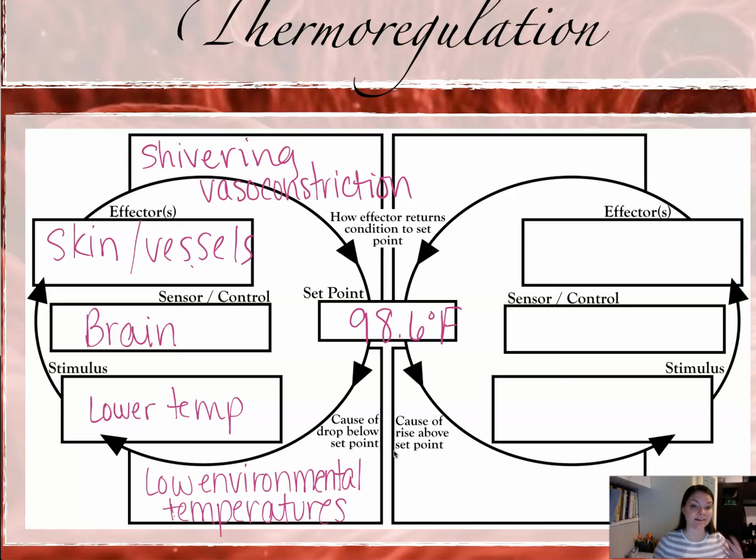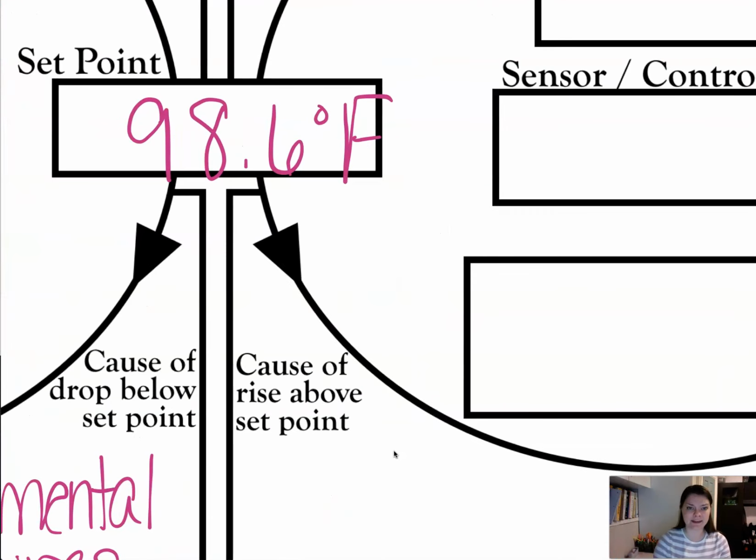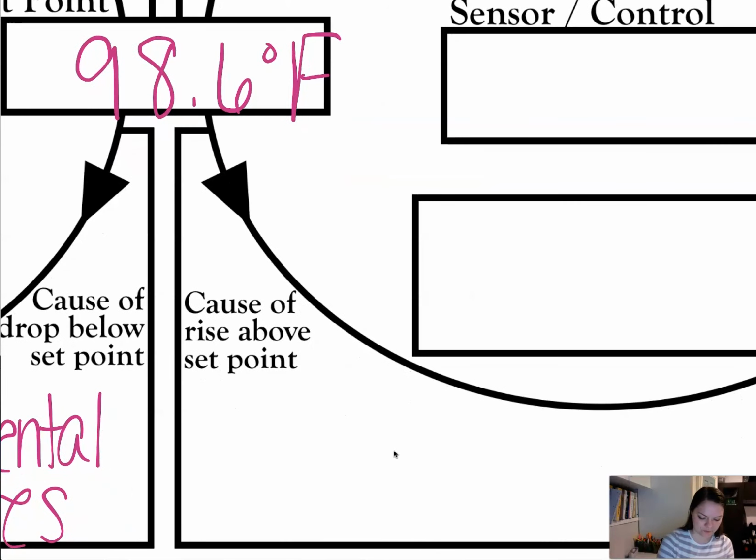So exercise is one of the biggest causes of your set point to go up above 98.6 degrees. This doesn't mean it's a bad thing. Your body's able to manage it, but exercise is going to be one of the big ones there.